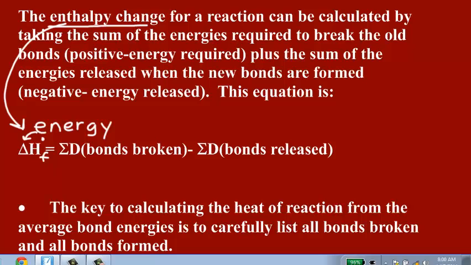What does the sigma mean? It's the sum of all the energy of the bonds that have to be broken minus the sum of all the energy that's released when the bonds are formed.